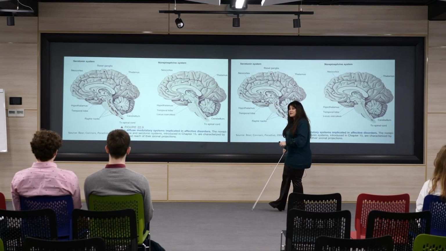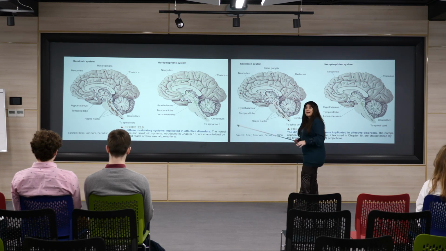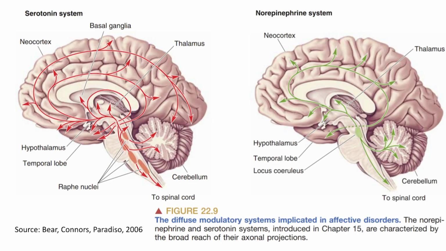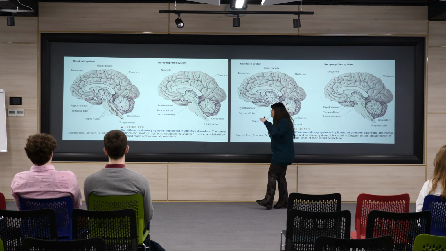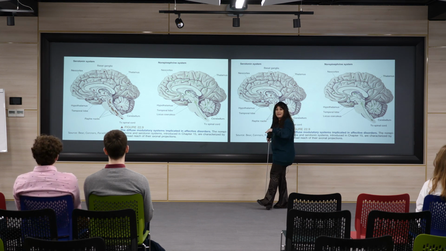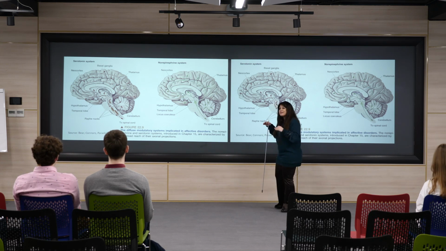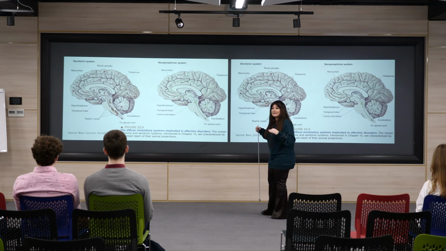So the first dimension may be the global level. Let's have a look at the brain level. Here you see the serotonin system. Here you see the norepinephrine system. In previous classes, we have already seen that these are called diffuse modulatory systems. So these are modulatory neurotransmitters. There are also the inhibitory and excitatory, major fundamental neurotransmitters like glutamate and GABA.